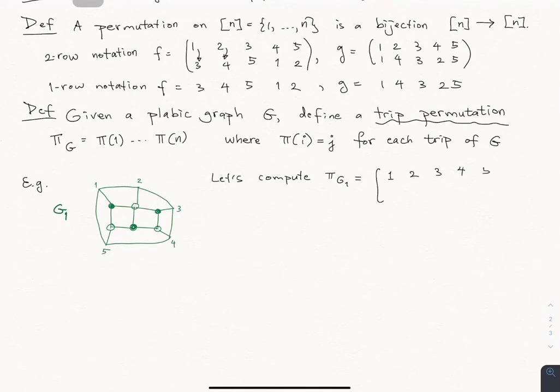So I know to write 1 through 5 because here there are 5 boundary vertices.